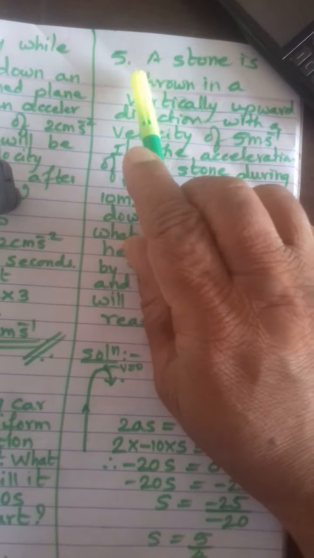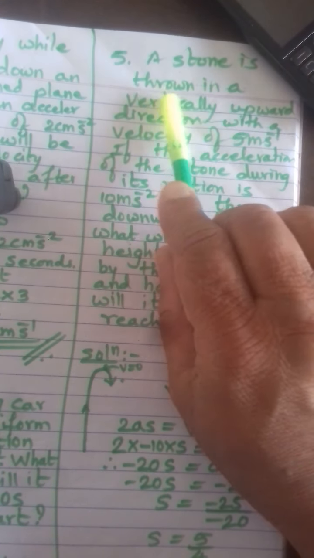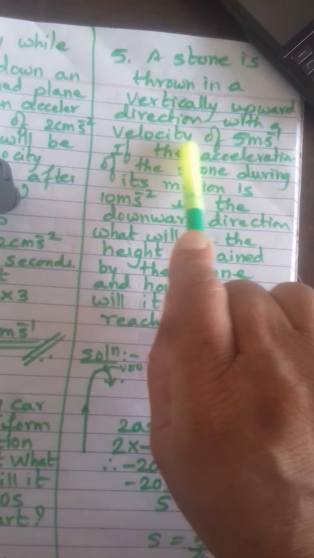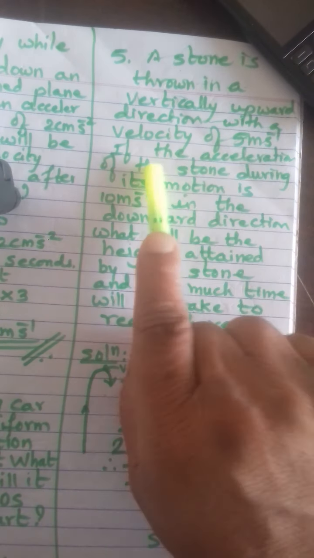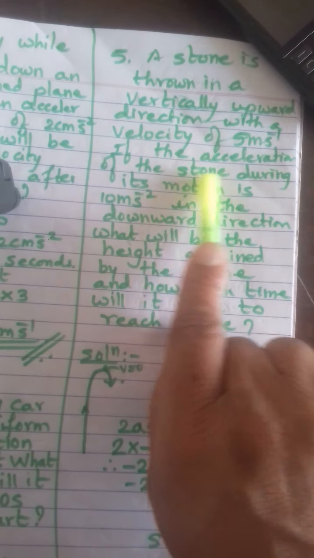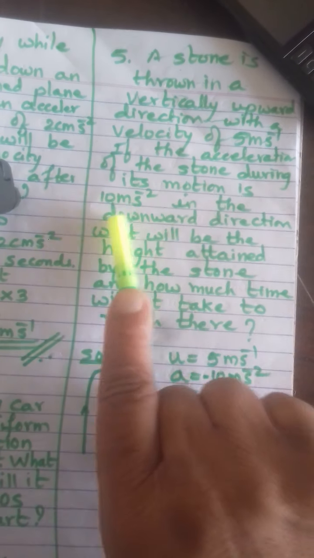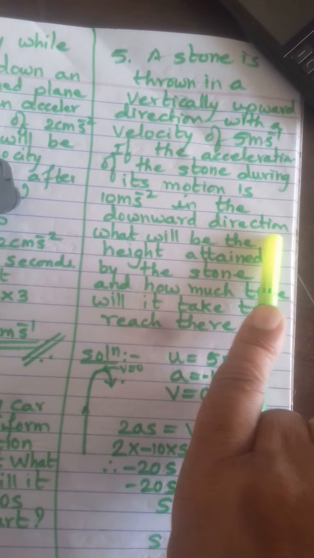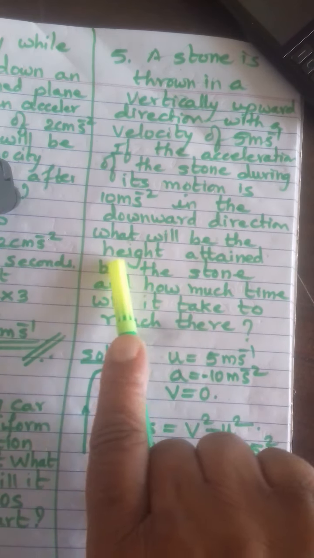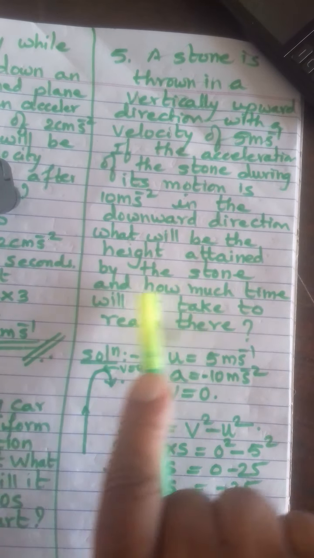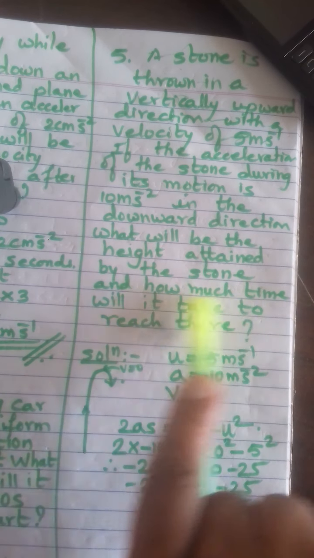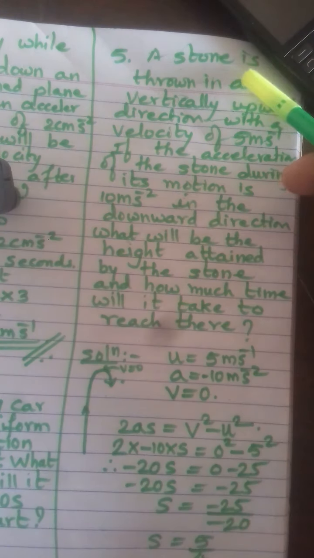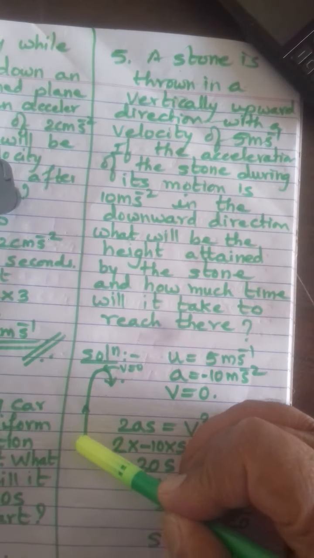I will read the fifth question. A stone is thrown in a vertically upward direction with a velocity of 5 meters per second. If the acceleration of the stone during its motion is 10 meters per second square in the downward direction, what will be the height attained by the stone and how much time will it take to reach there? Okay, so here the stone is thrown in a vertically upward direction.